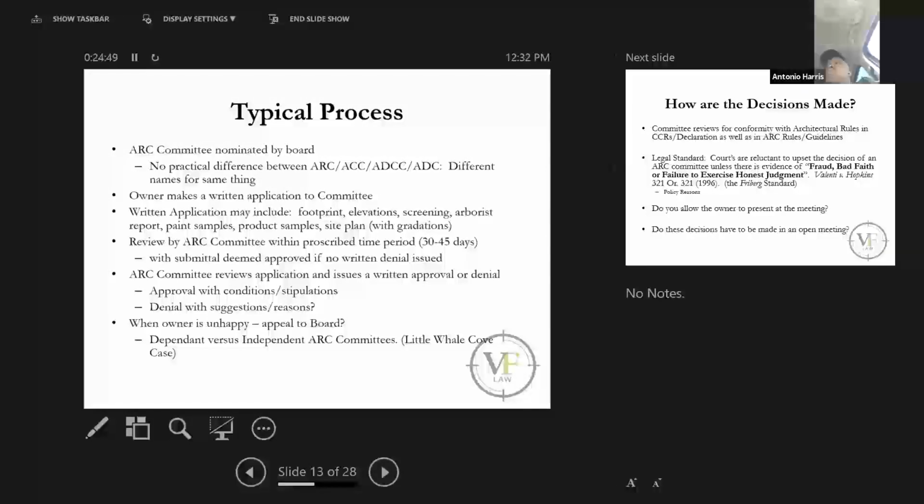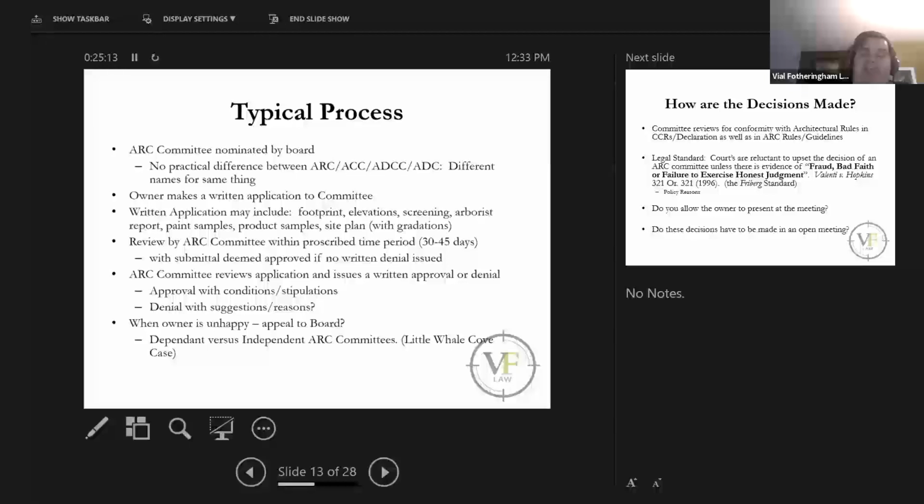And I'm not a fan of those because far too often I deal with ARCs or boards that are not that organized, and the time passes and then they come and say, wait, they're doing this, can we stop it? And the answer to that is no. If you don't respond in time, then by the plain language of the documents, it's deemed approved.